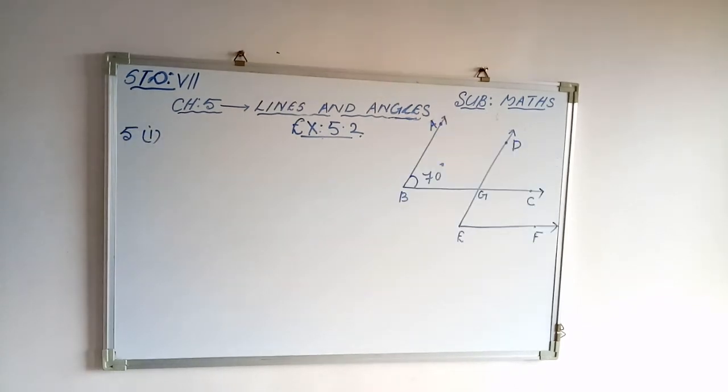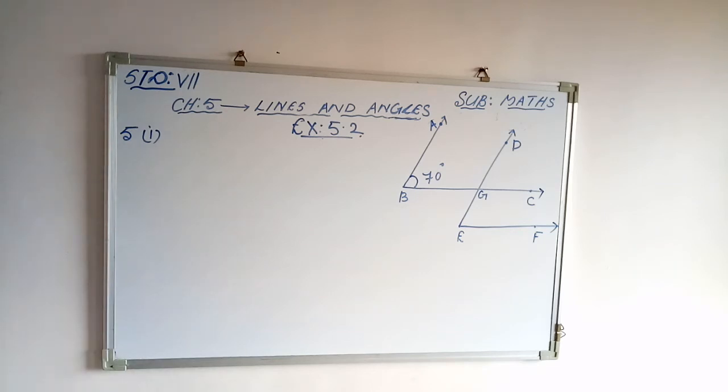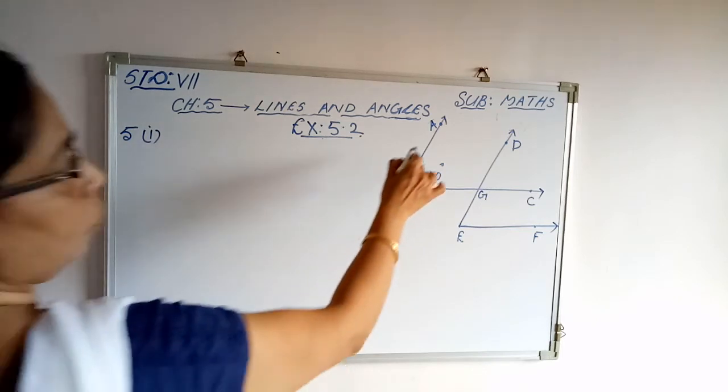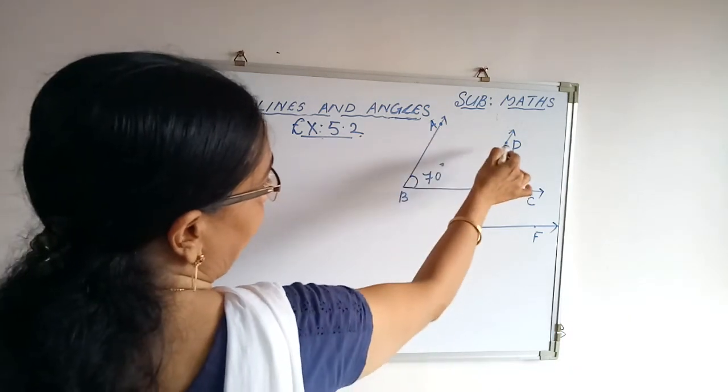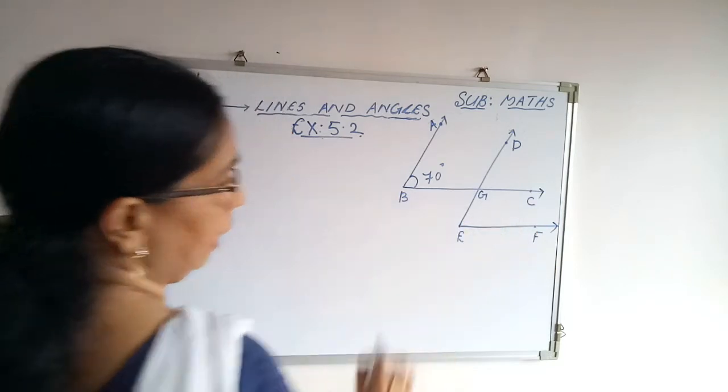Now listen to question 5. What is question 5? There is a figure given. I have already drawn the rough figure there. In the given figure, the arms of two angles are parallel. Which are the parallel? See here, two angles. The AB parallel to DE and BC parallel to EF. Okay.